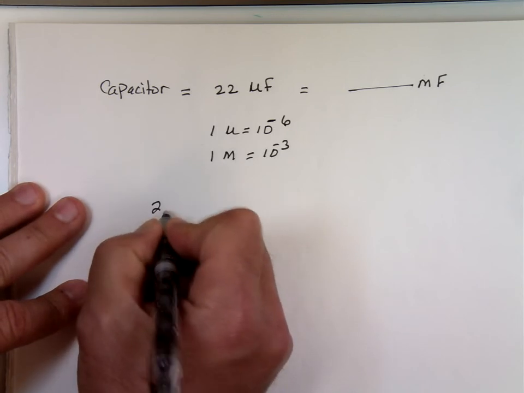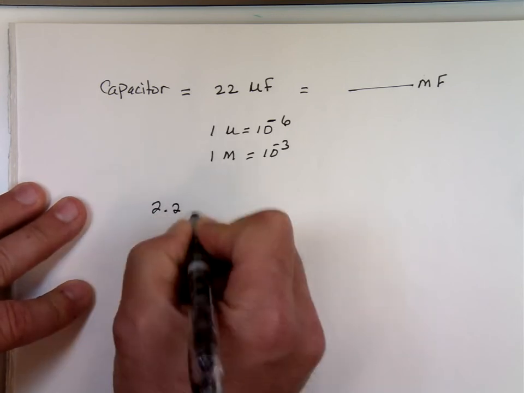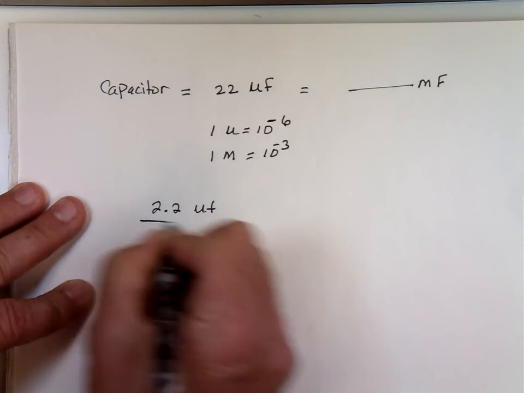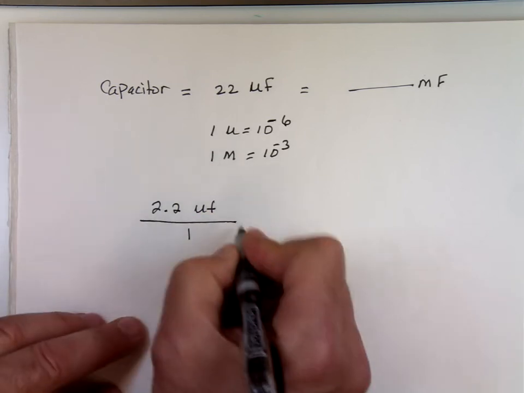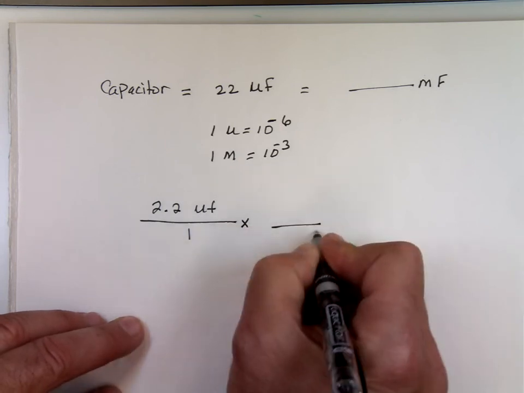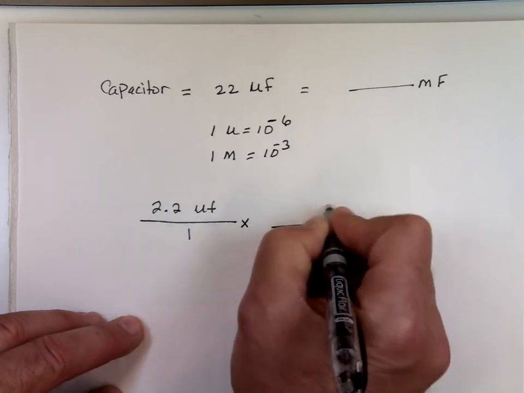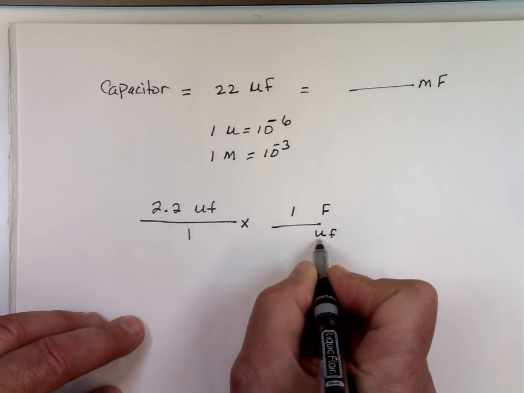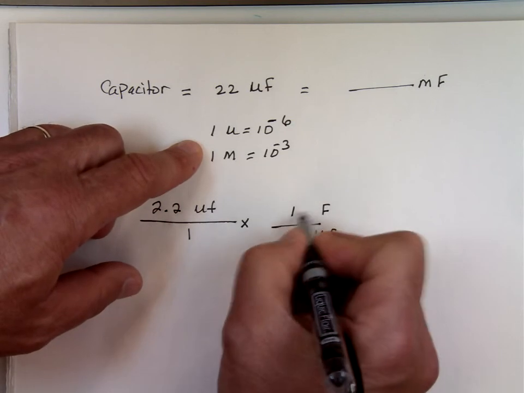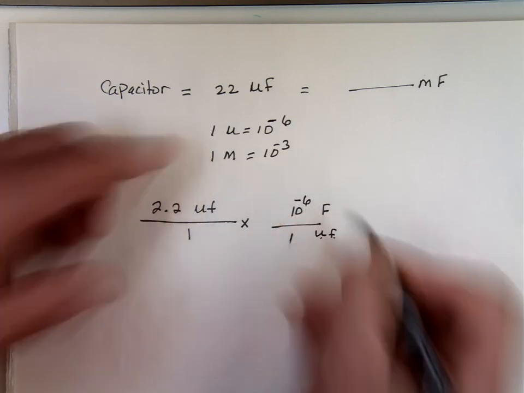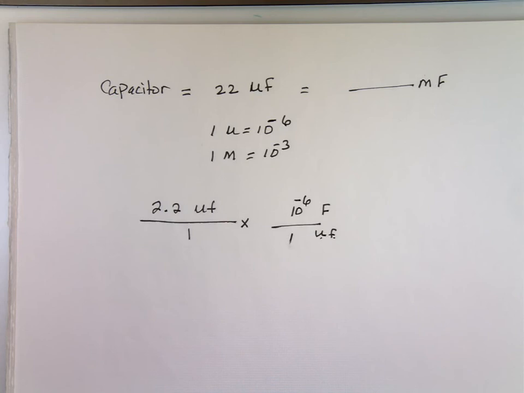So we have 22 microfarad over 1. If I want to change it from microfarad to farad, 1 micro is what? 10 to the negative 6 farad. If anything, not just farad, 1 micro is equal to 10 to the minus 6 of whatever that unit is.